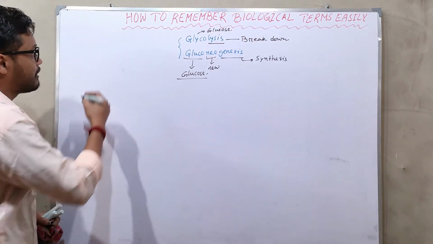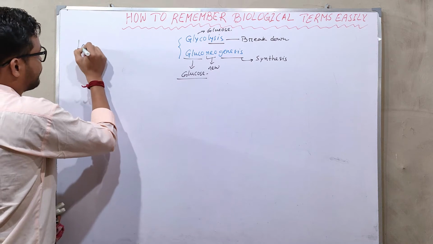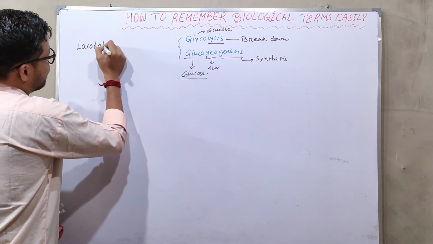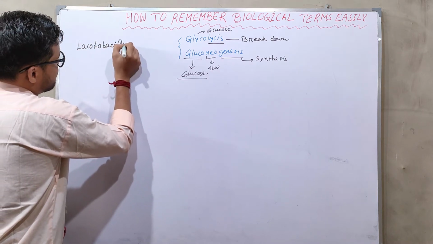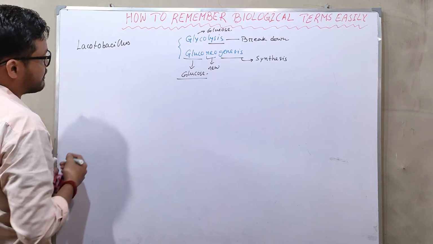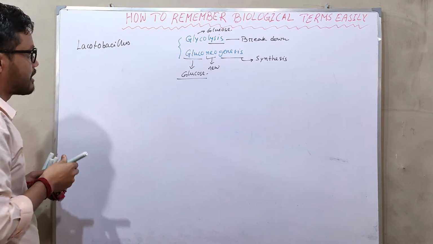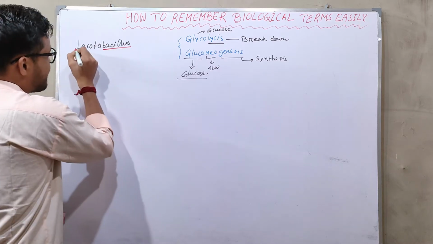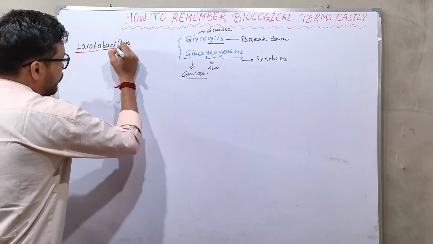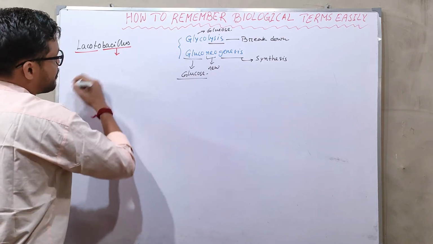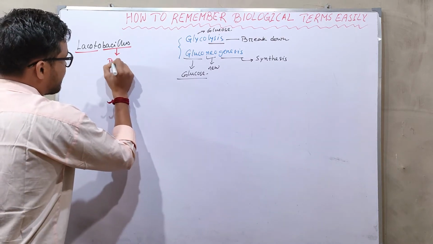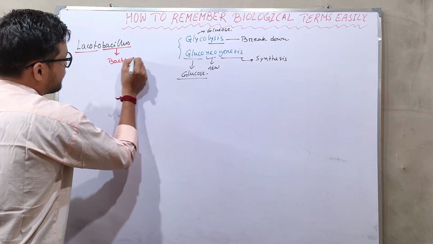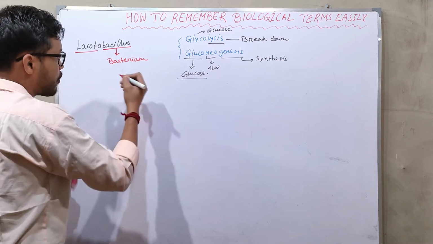Then one example for bacterium, that is lactobacillus. If we split the term lactobacillus, then we get bacillus and lacto. Bacillus comes from a bacterium that is rod shaped.